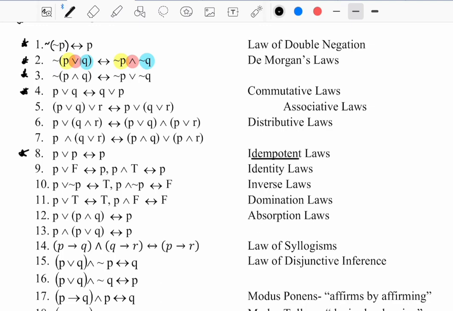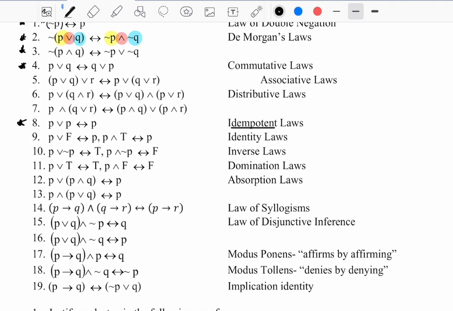Idempotent. It looks like it's not a real word, but it's a word associated with logic. Absorption laws, syllogisms, disjunctive inference. Well, it might be easier for me to star the ones we're not going to use. So basically all the way down the line from here.